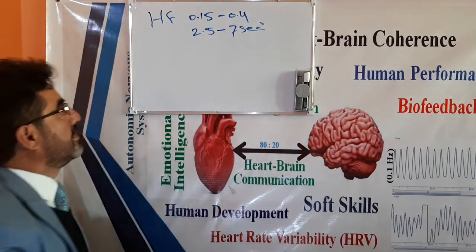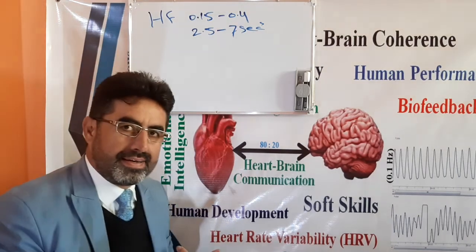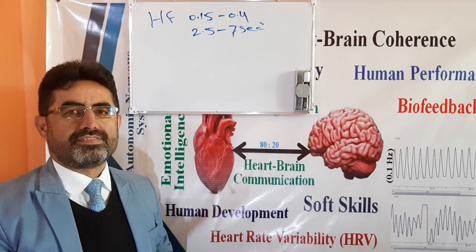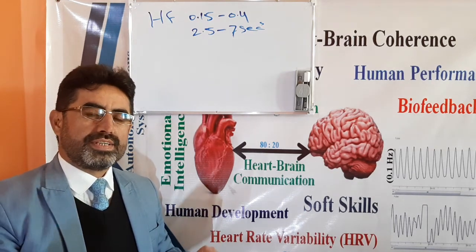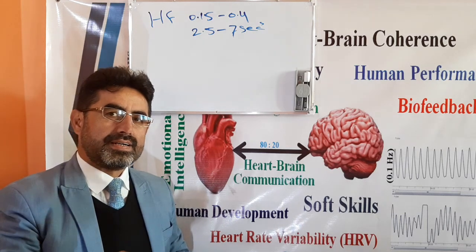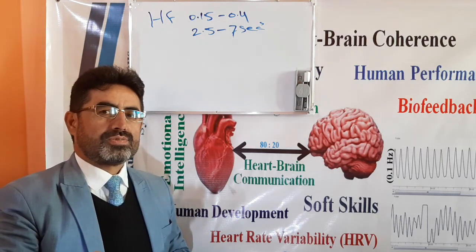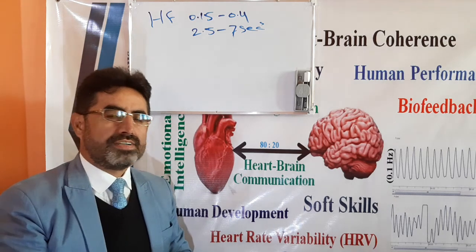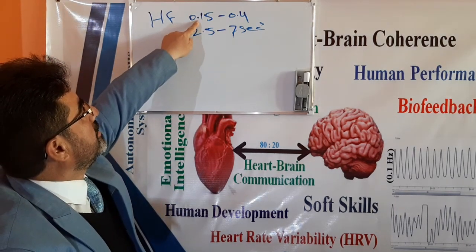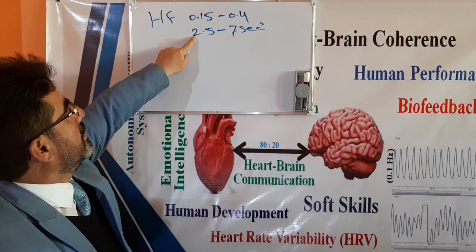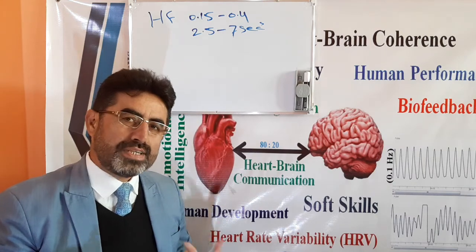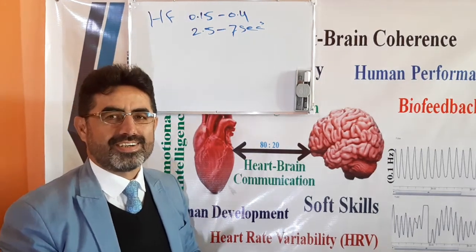It means that when people's heart rate variability is at the level of high frequency, it takes just 2.5 up to 7 seconds to experience variations or changes in their heart rate.